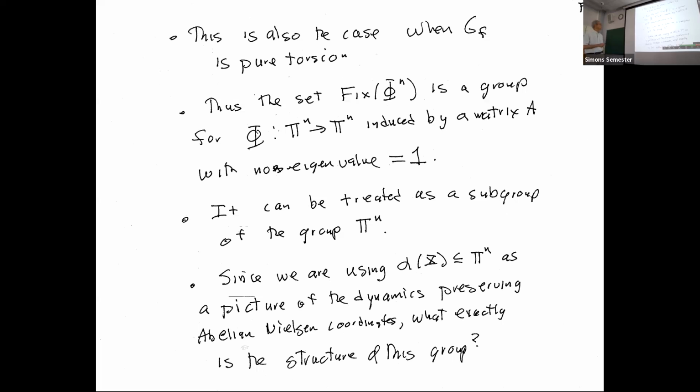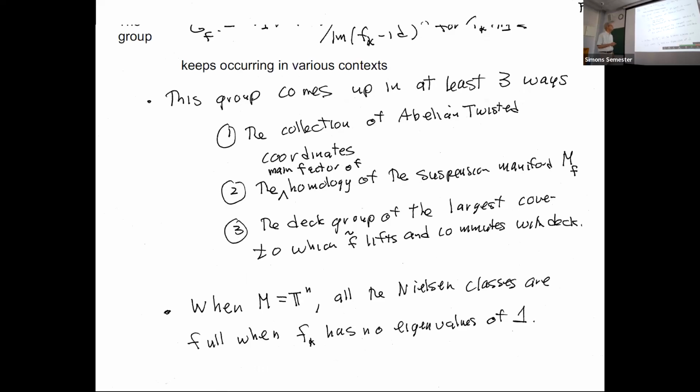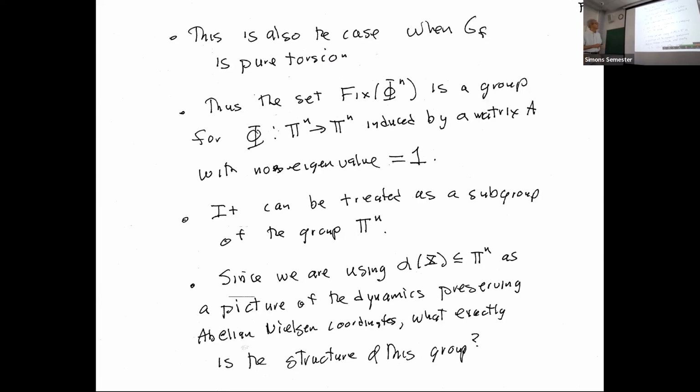So in this particular case, I'm continuing to talk about the torus. In the torus, the set of fixed points is exactly this group. This is another nice feature of the torus, that for any period, the set of fixed points is in fact a group. It's a subgroup of the torus as an abelian group. This comment is to explain why this group is important.